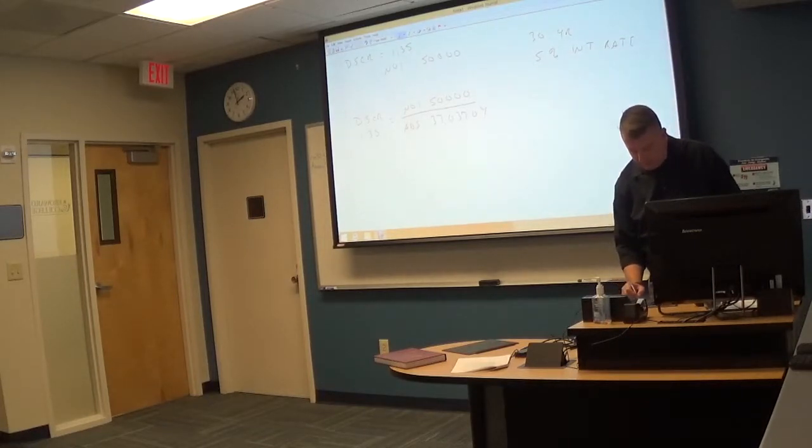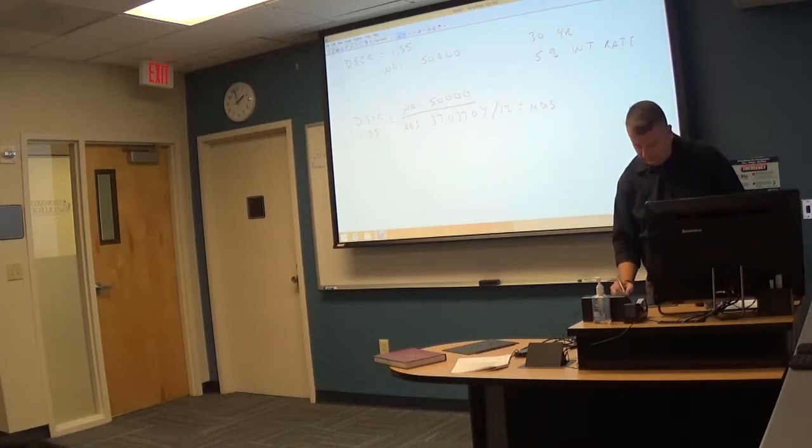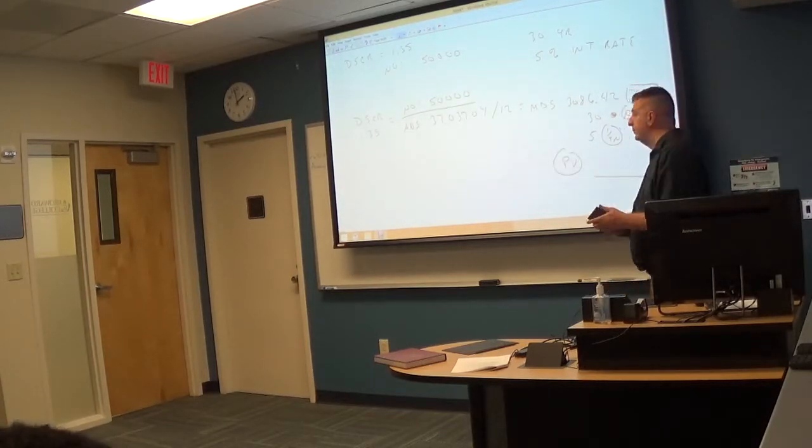Once you've got that number, then you can divide that by 12 to get monthly debt service of $3,086.42. That is going to become your monthly payment with your 30-year loan at your 5% interest rate, and then just simply solve for the loan amount.